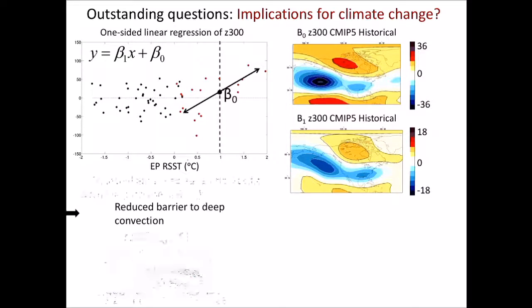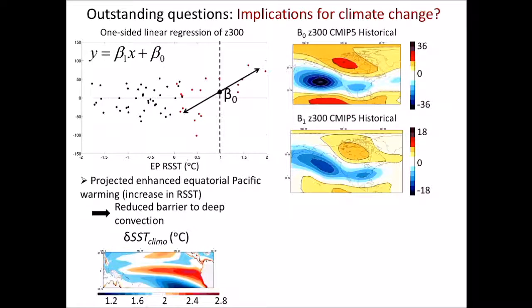And if we consider how the equatorial Pacific SSTs are projected to change under global warming, we see a projection that the equatorial Eastern Pacific will warm more than the tropical mean. If the Eastern Pacific is warming more than the tropical mean, that means it's reducing this barrier to deep convection, and it should be easier to get these convective Eastern Pacific events relative to the non-convective Eastern Pacific events.